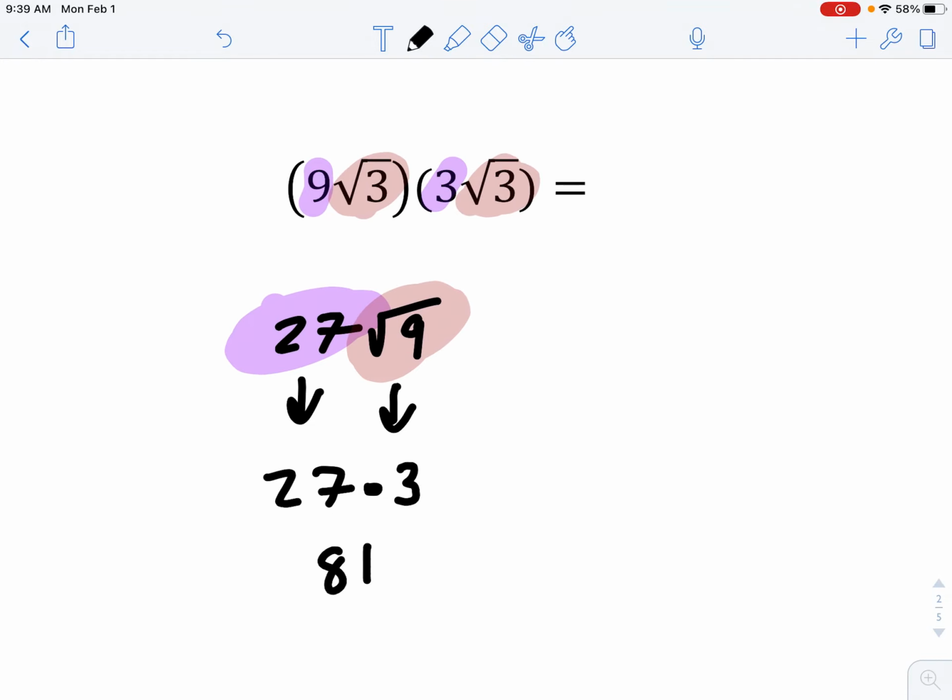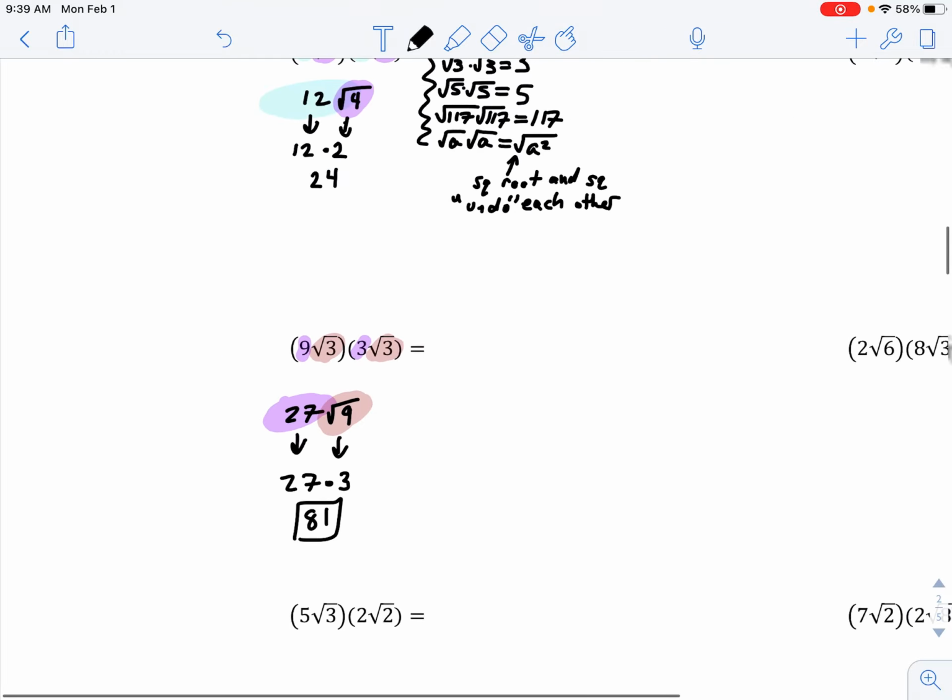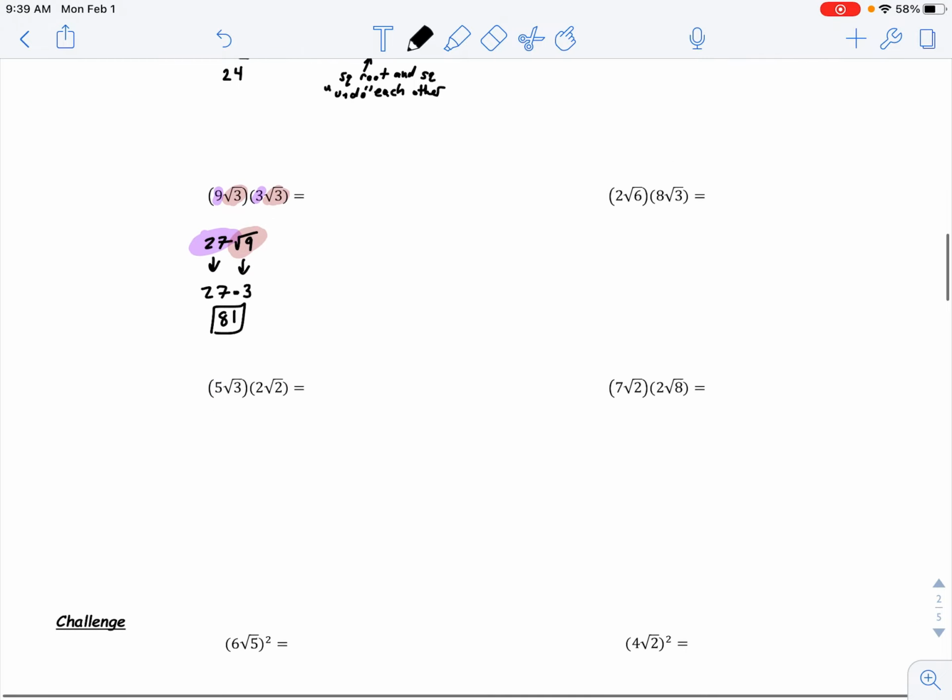So it works. And then 81. All right, so this is why multiplying radicals can be beneficial, because I had no clue that 9 radical 3 times 3 radical 3 equaled 81. But as we simplify, it becomes a number more familiar, such as 81. I've heard of that number before.